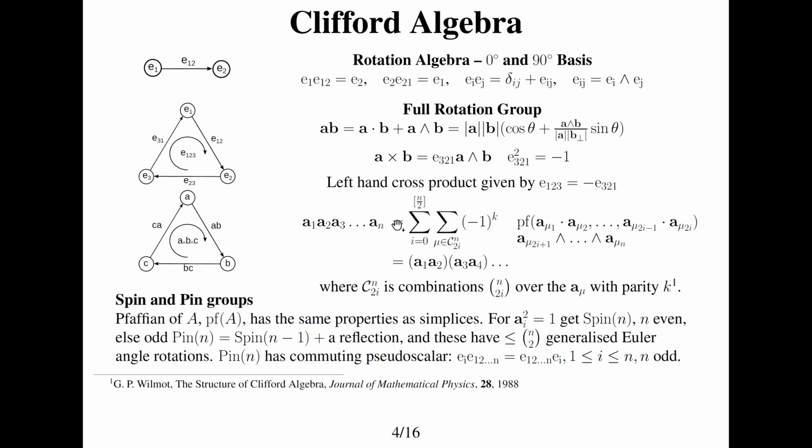And that defines the spin group if n is even. If n is odd, well, you just get n minus 1 divided by 2 rotations plus 1 vector on the end. And vectors in Clifford algebra do a reflection. So that's the pin group. And the spin group is a double covering of the special orthogonal group.